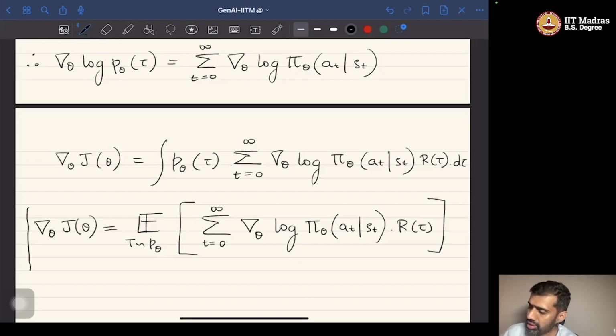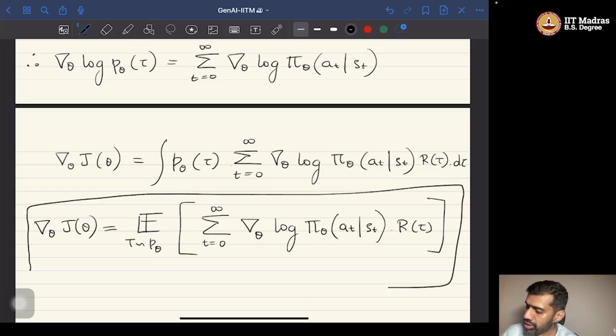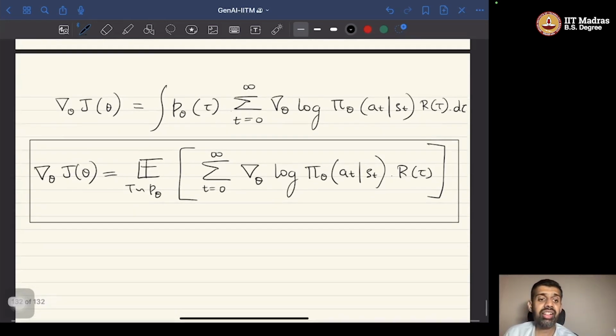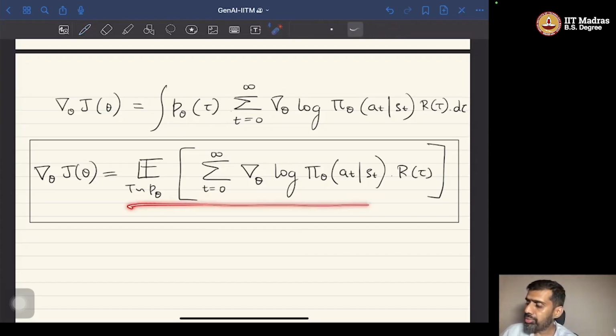So this is the most fundamental form of what is called the policy gradient theorem, where we say that the gradient of the objective function that we use to update the policy is given by this particular expectation. So this is called the policy gradient theorem.